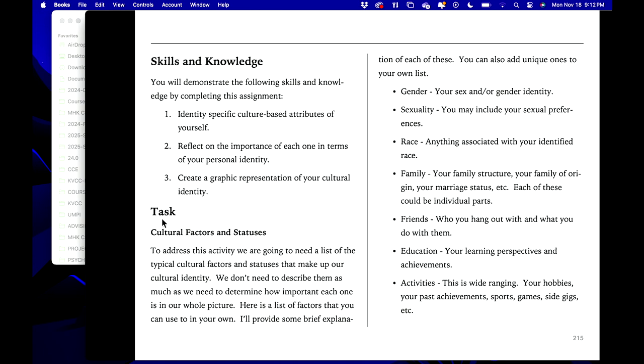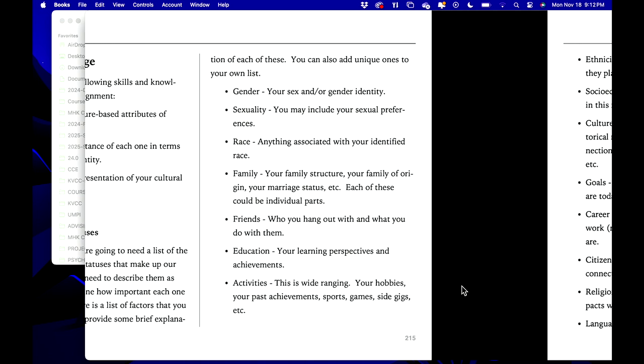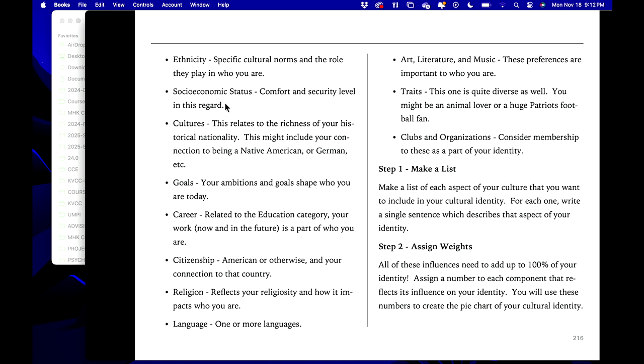The cultural factors and statuses that I want you to focus on are: your gender, sexuality, race, family, friends, education, activities, ethnicity, socioeconomic status, cultures, goals, careers, citizenship, religion, languages, art, literature, and music, traits, and then clubs and organizations.